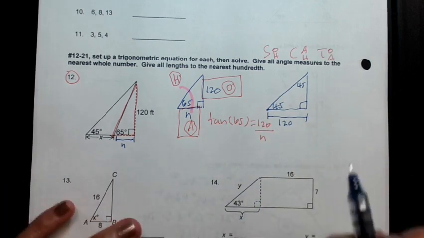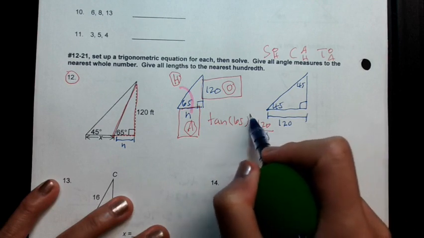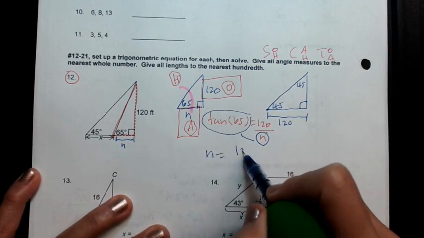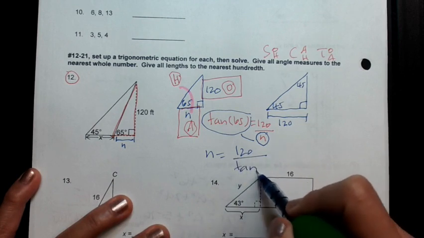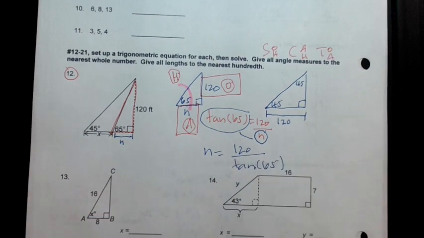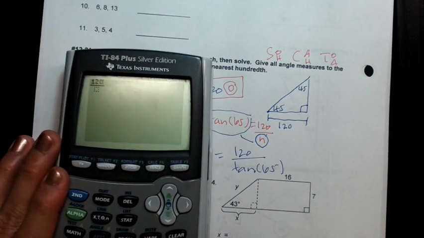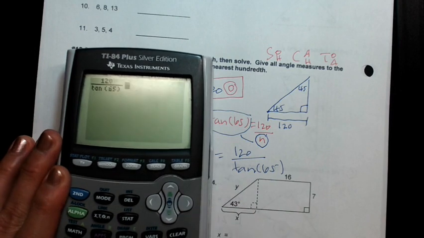Do y'all remember the rule when the variable's on the bottom? You just swap. So switch them. Then that way the variable is all by itself, which is magical. Let's type that in. So we have 120 divided by tangent of 65. Make sure your mode is in degree mode.